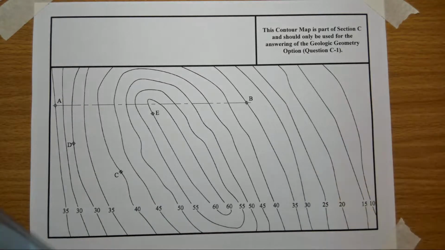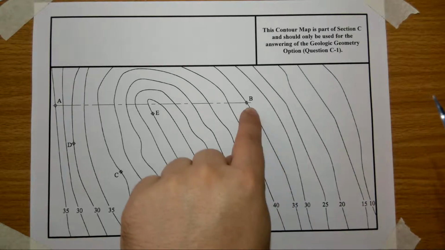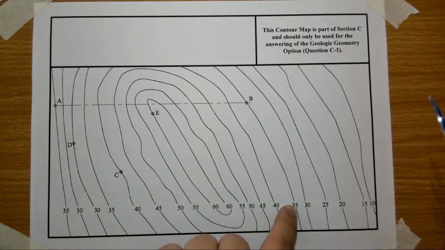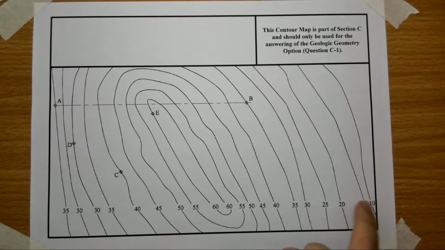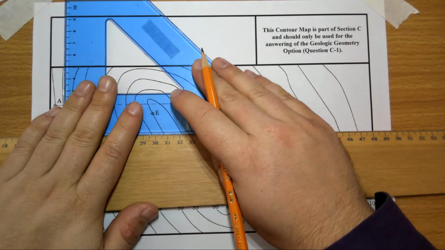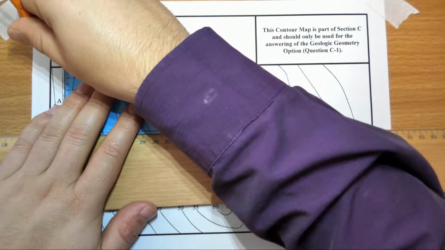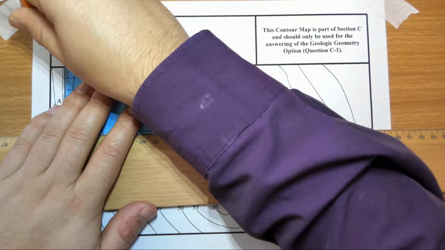Now the lowest point in altitude in comparison to our map here is 35. See the way B ends at 35 there. So even though there's 25, 20, 15 and 10, there's no need to do that. So on our map here, we're just going to mark up every 5 millimeters.